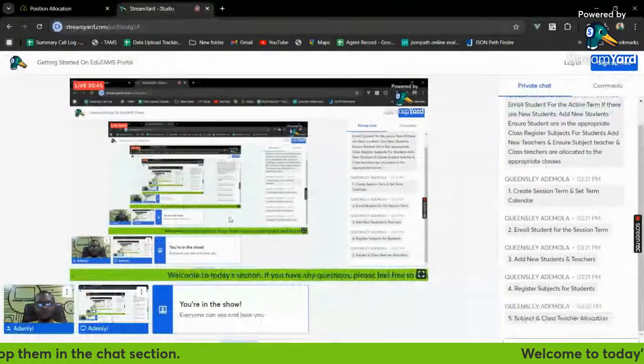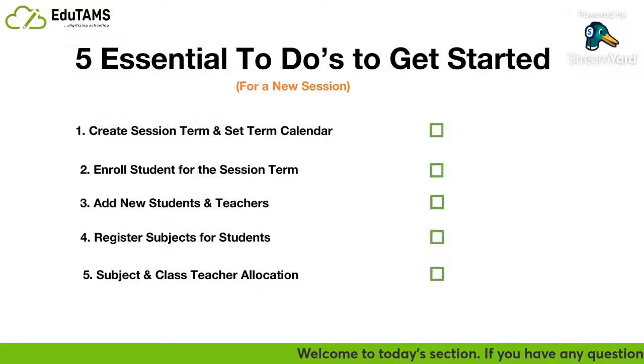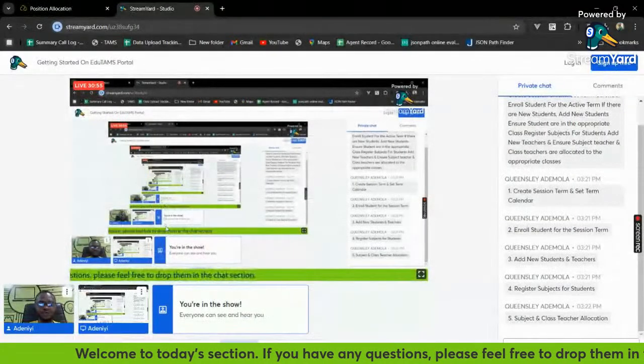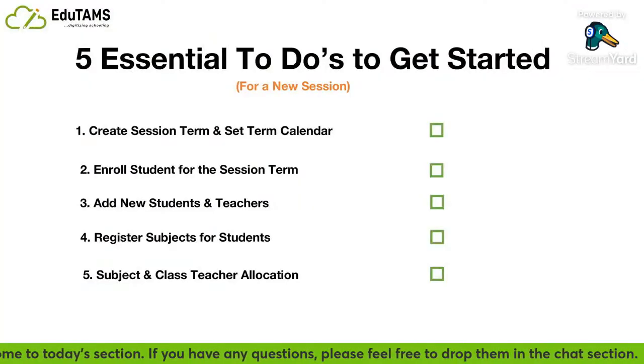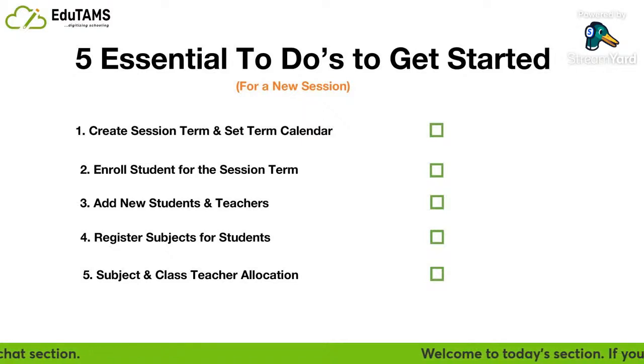The only thing I had to do was to take number one, two, and three together. That is the enroll student for the session term, the add new student for teachers, and the register subject for students. Which means these three things are very, very interwoven.